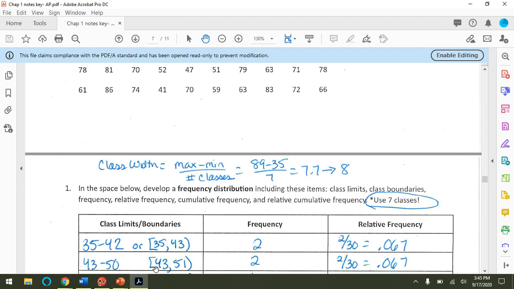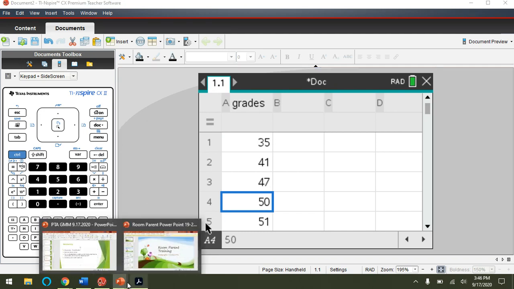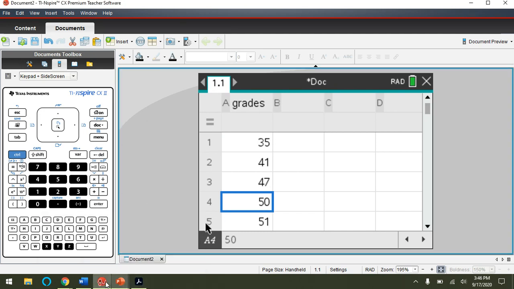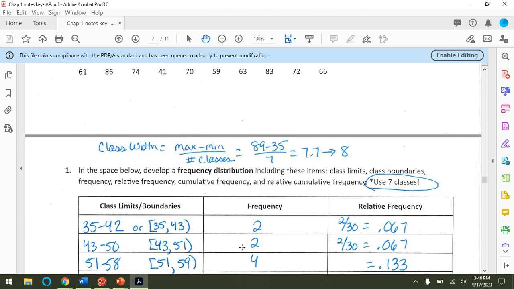So it starts at 43, including 43, and it goes up to and includes 50, or since these are all whole number grades, doesn't include 51. I go back to my calculator and I say, oh, there's 2 numbers right there, that will include that. Notice I didn't include 51 because it goes up to 51, but it doesn't include that.